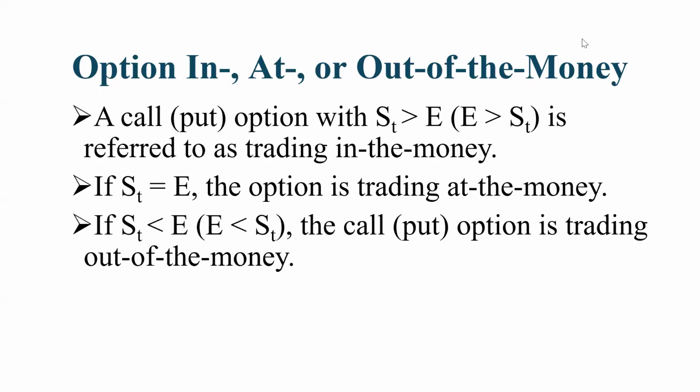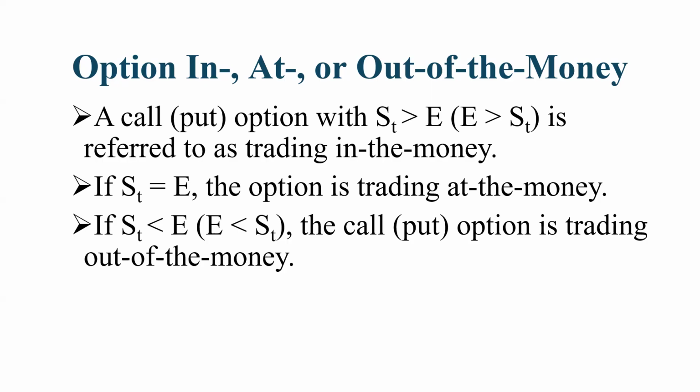Let's now consider options in, out, or at the money. So when an option is in the money, the option is advantageous to the holder, and the holder gets to make a profit, quote unquote.